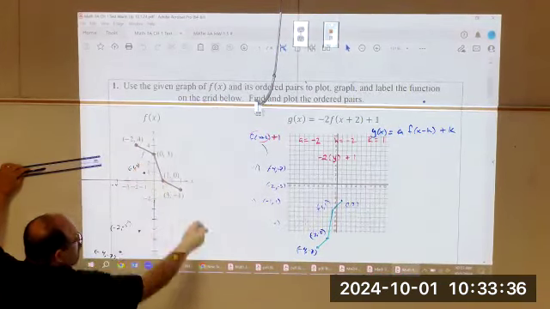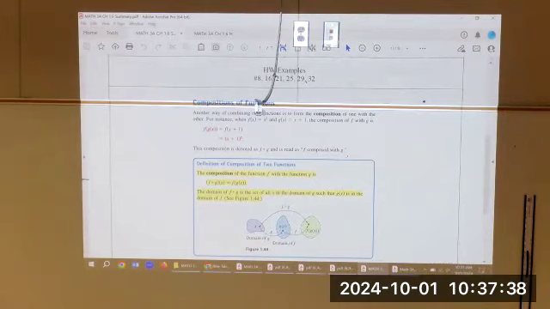Back in my college days, when I was working my way through school, mixing paint, delivering paint, all the good stuff. Mixing paint, sometimes we had to make composites. We had to put one type of chemical into another type of chemical, making a different type of chemical, one into another. That's what a composition of functions is.